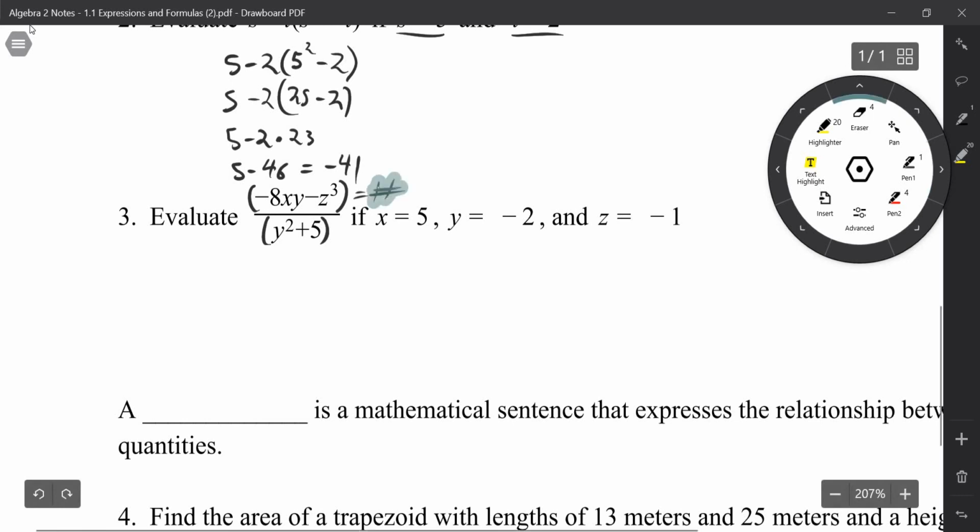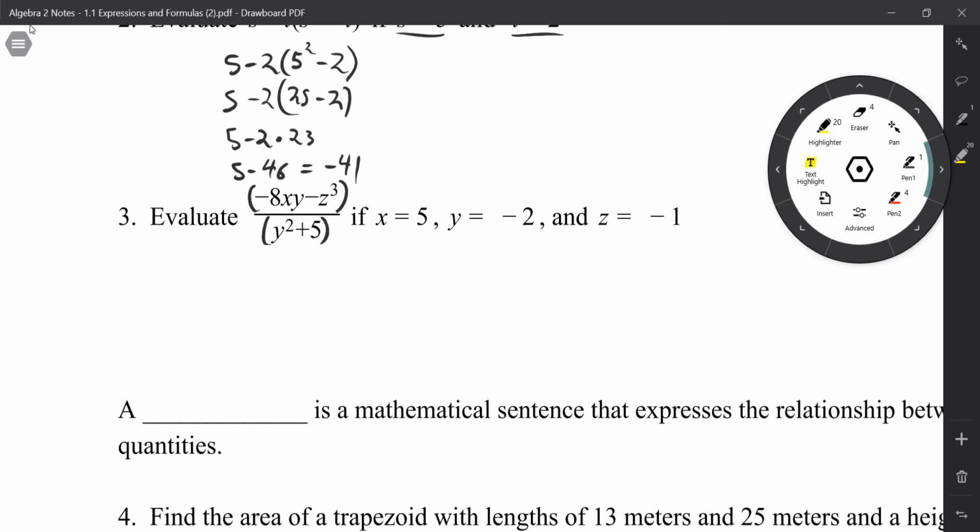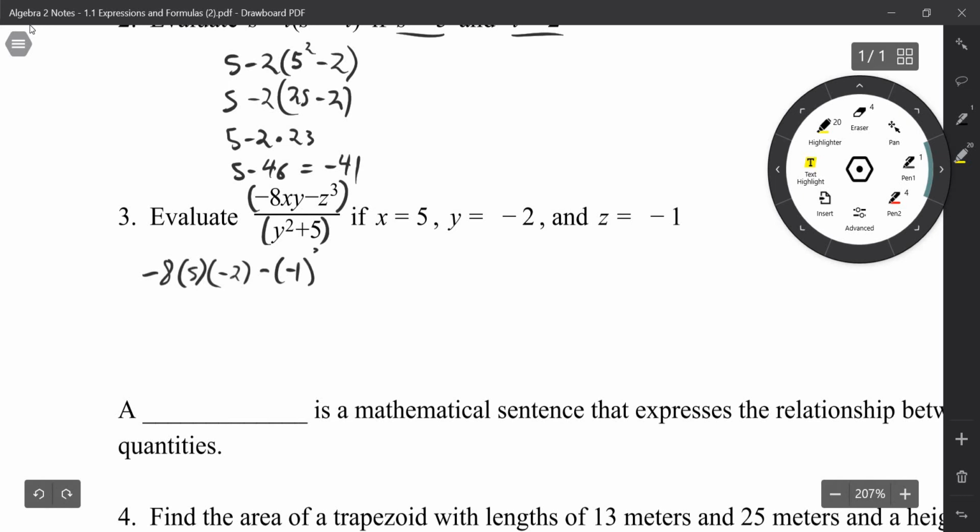Even though there's a lot of variables going on, it's just a single number. So treat it as such, just one number. So let's rewrite it down here. Negative 8 times x, which is 5, times y, which is negative 2, minus z, which is negative 1 to the third power, all over y squared.